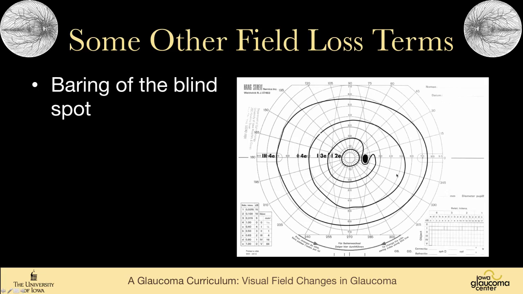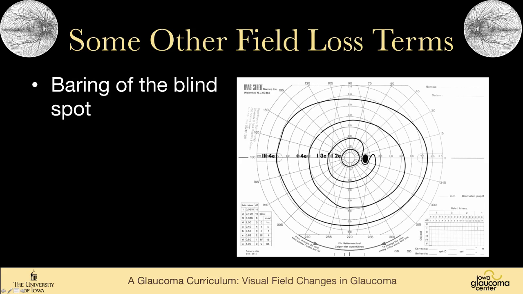We hear a lot about the term bearing of the blind spot, and that is a manual kinetic perimetry term, and a relatively not helpful term. So this is not truly bearing of the blind spot. We would expect, since these isopters are horizontally oval, as they shrink for any reason with age or media opacity, that eventually the isopter will duck around the blind spot like this, and that's pretty normal.